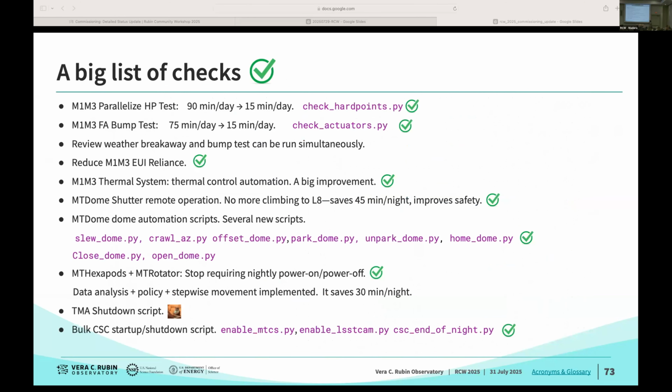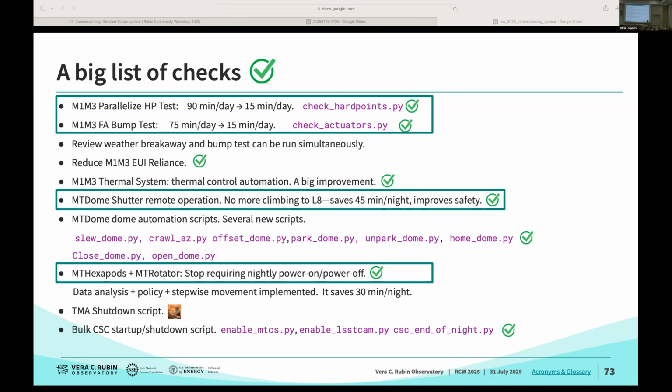Moving forward, even though we had this big list of requests, after maybe 80 months more or less, we also have a big list of checks. So we have accomplished a lot of what we have planned. Here I have maybe out of 10, we have 8 of them already in place. For example, those here are the ones that were consuming a lot of time from the preparation.